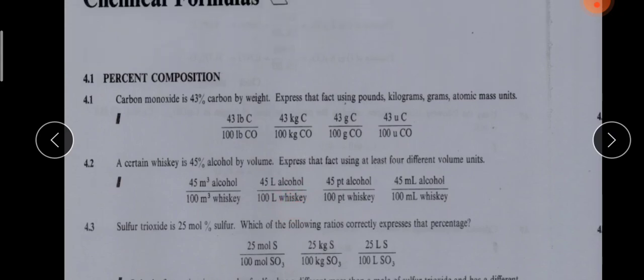Carbon monoxide is 43% carbon by weight. Express that fact using pounds, kilogram, grams and atomic mass unit.